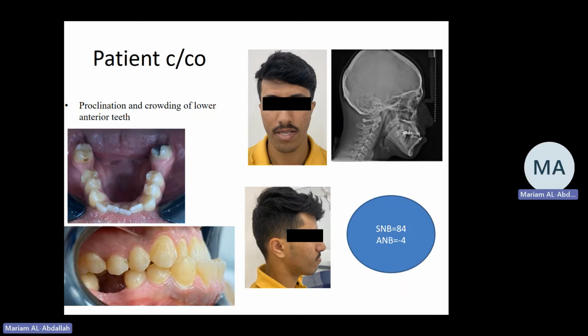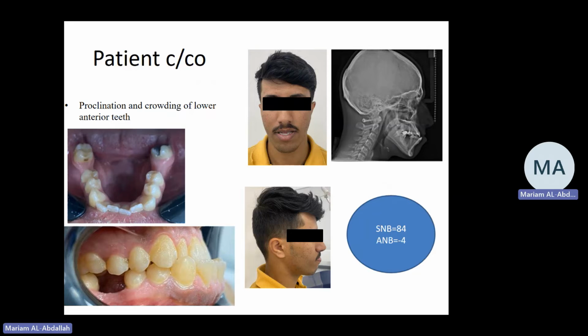This patient here, his chief complaint is proclination and crowding of the lower anterior teeth. So if you look at the lower anterior teeth, yes, they are crowded, but actually they are not proclined. If we look at the angle of the lower incisors, it's almost upright. They are not proclined, but maybe the patient was not able to explain what he's really concerned about.